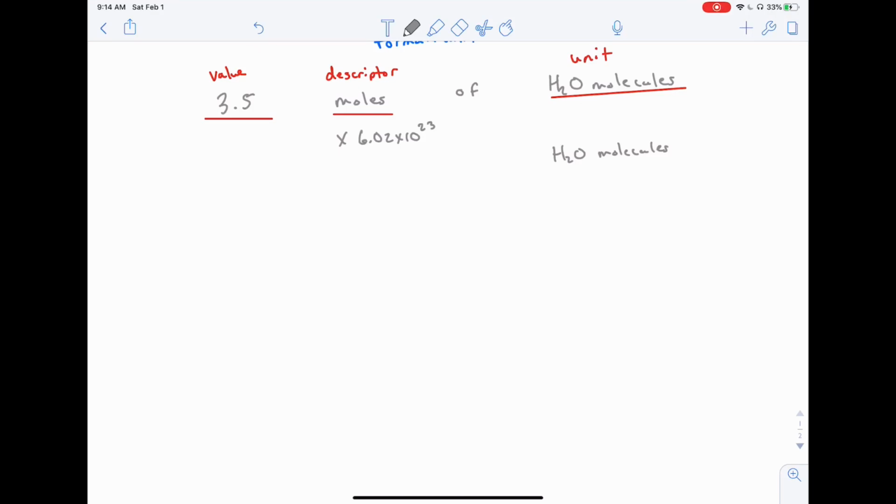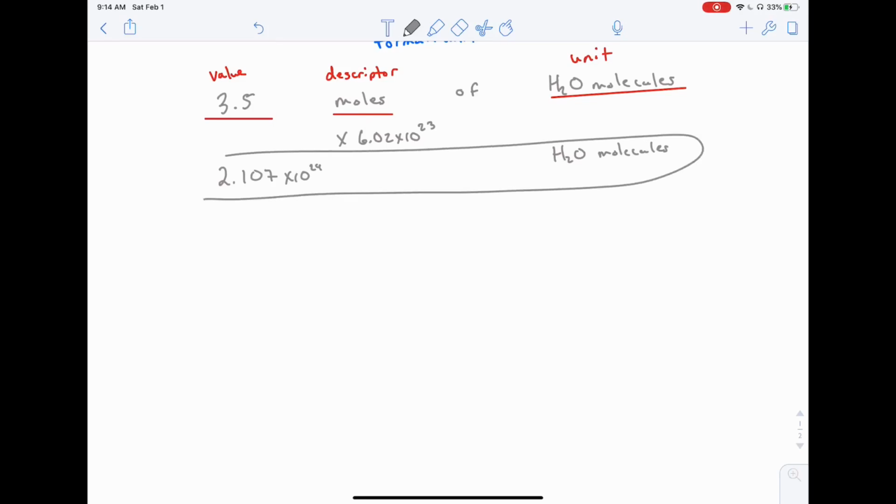So then I would take 3.5 times 6.02 times 10 to the 23rd, and that would tell me how many total molecules I had. In this case, it would be 2.107 times 10 to the 24th molecules. Okay, and so to get rid of moles, you have to multiply by 6.02 times 10 to the 23rd. To convert to moles, you have to divide by that.